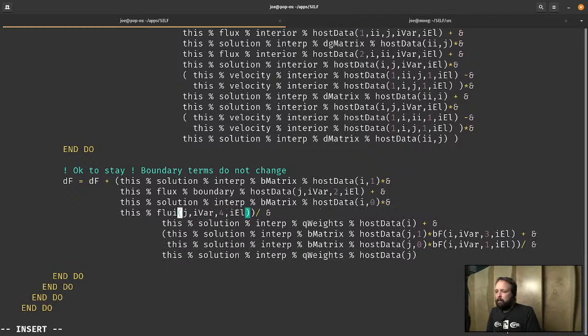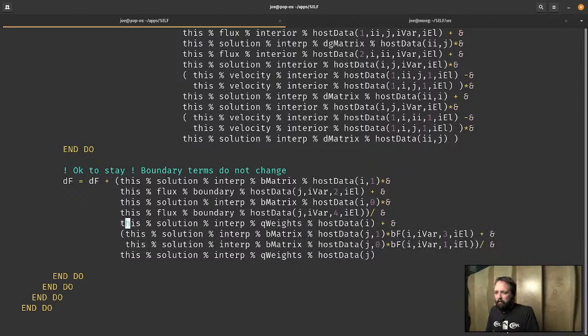This %flux, %boundary, host data. Okay, that's looking better. Oh, I got a couple more BFs here. Let's go ahead and take care of those. Go ahead and get this stuff lined up because this is all janky. All right, BFs, that's what I want to fix.